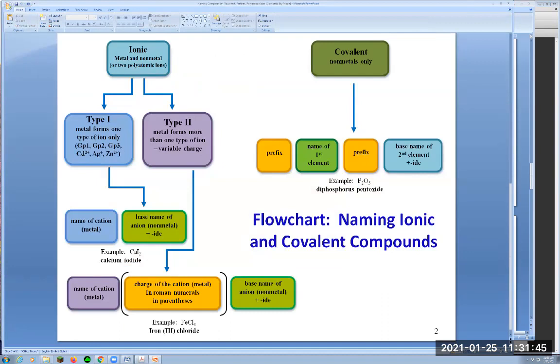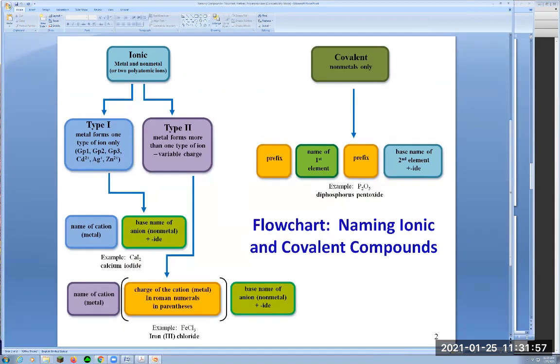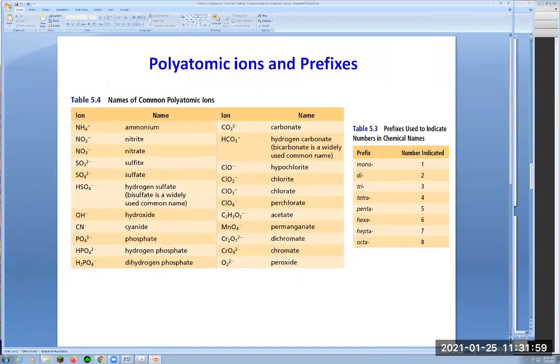We will need prefixes in front of Cl and oxygen, and you name them in the order that they are found in the formula. So first it's going to be chlorine and then oxygen. There were 2 chlorines, so we will need the prefix di, and then only 1 oxygen, so mono for 1.